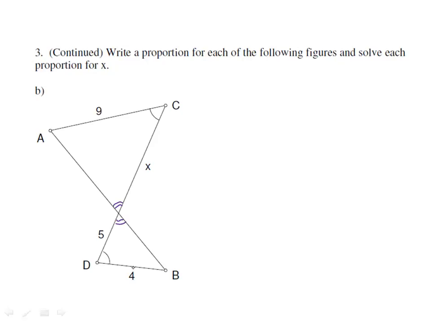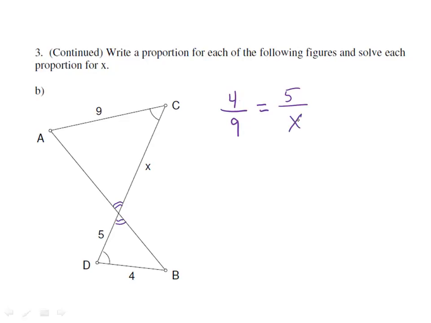Alright, so DB and AC go together, so we can put 4 over 9. And in setting this up, I've chosen to set up corresponding sides. So now I take the other known side from the small triangle, which is 5, and it corresponds to the unknown side that we're trying to find, which is x.